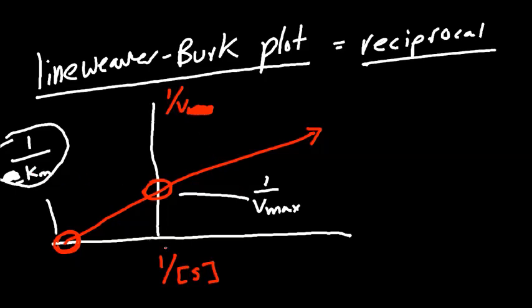Our Km and substrate are still connected. Remember the x-axis was substrate. So everything's normal. Everything's still legitimate. Everything's still normal. Just everything's reciprocal. So here's our normal reaction. Our Vmax can be calculated by the y-intercept. Our Km can be calculated by the x-intercept.